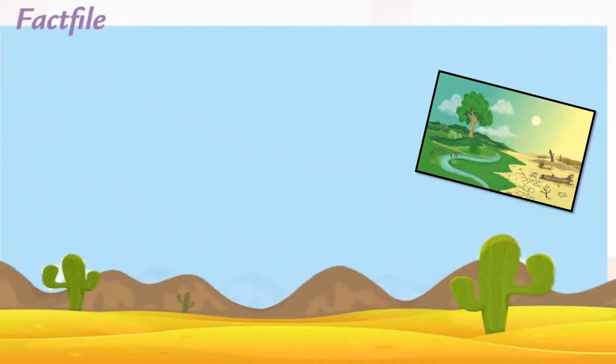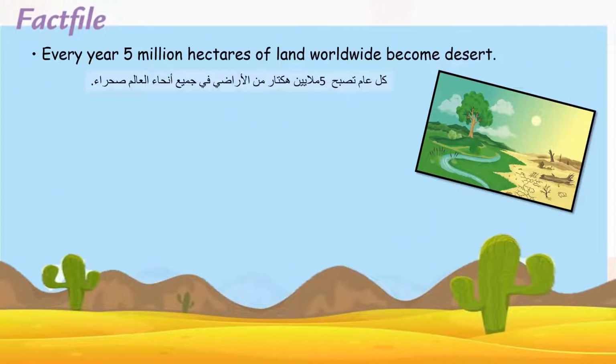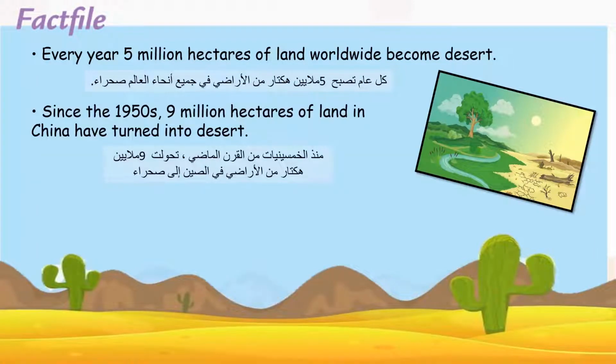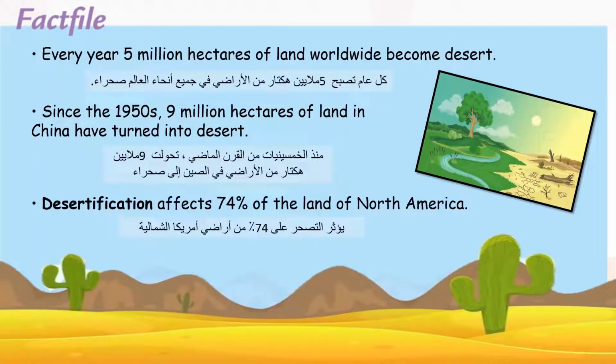Fact file. Every year, 5 million hectares of land worldwide become desert. Since the 1950s, 9 million hectares of land in China have turned into desert. Desertification affects 74% of the land of North America.